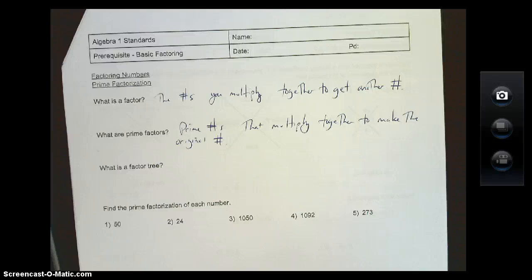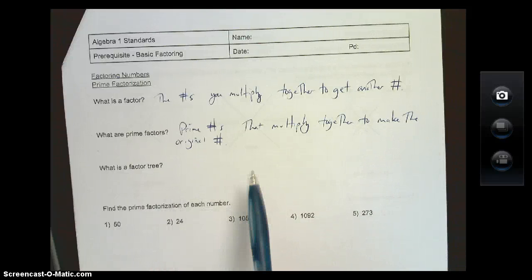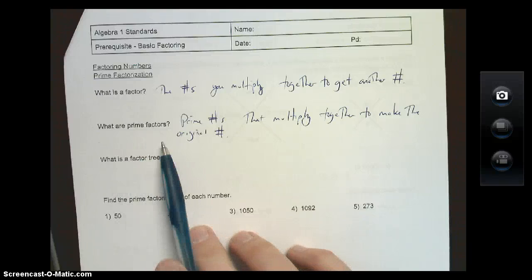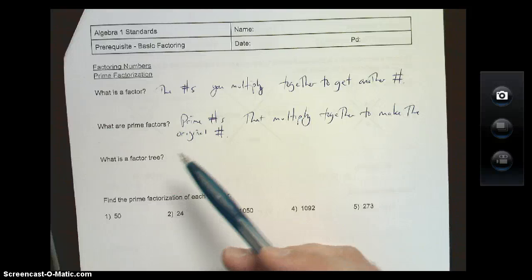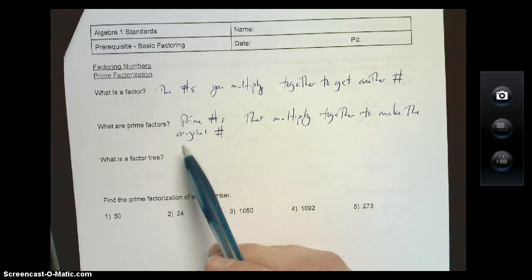That way you can take the time to copy it down. So a prime factor is a prime number that multiplies together to make an original number. A prime number is any number that only has factors of 1 and itself. So 3 is a prime number. 1 times 3 gives you 3. There are no other numbers that can multiply to give you 3.